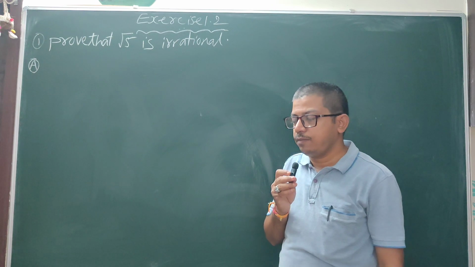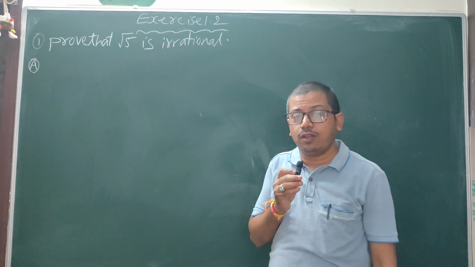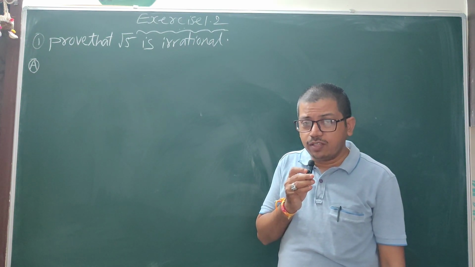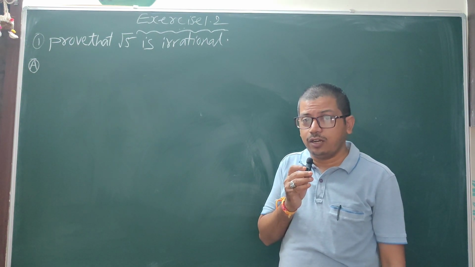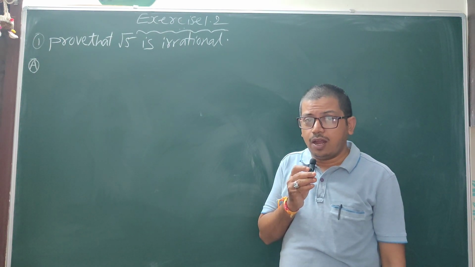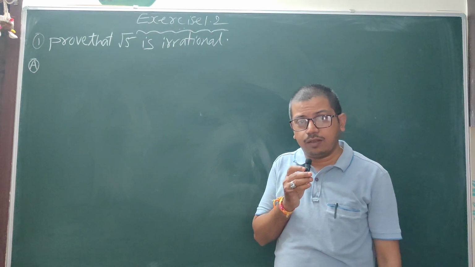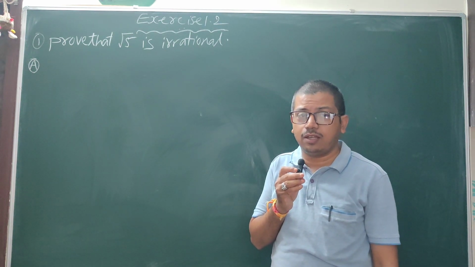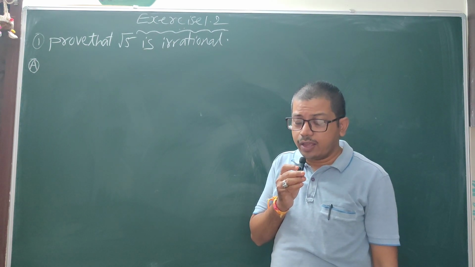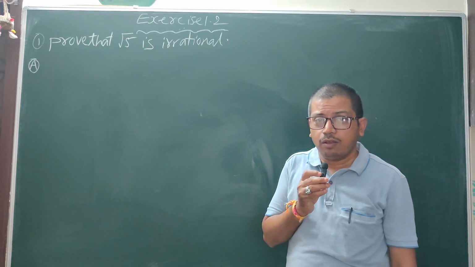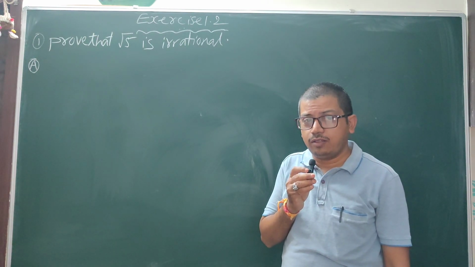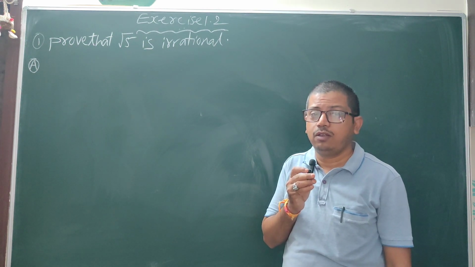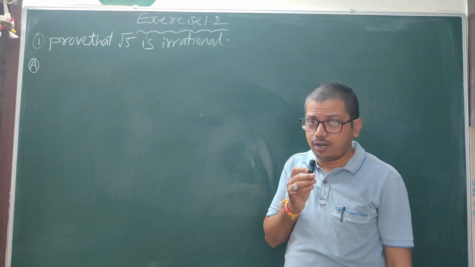So here, let us assume that root 5 is a rational number, and in the later steps we will come to a conclusion that our assumption is wrong, and again we will declare that root 5 is irrational. This is called the method of contradiction. So let us start.